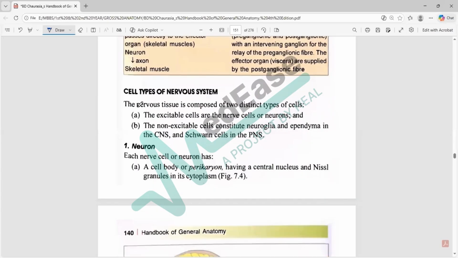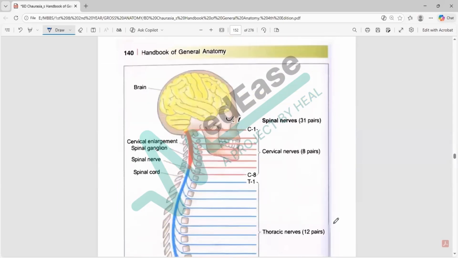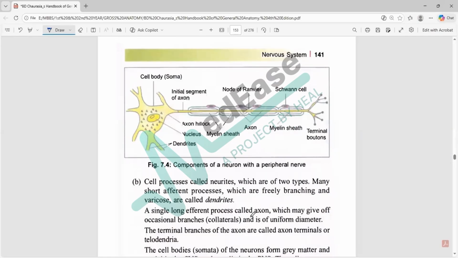Now, when we talk about the different types of cells present in the nervous system, first we have the neuron. Neurons are further divided into the cranial and the spinal nerves. The neuron has typical structures. Let me show you. This is our cell body or soma, with the signals coming in, which is the afferent pathway, through the dendrites, and also the axon, which is mainly the efferent pathway or outflow.